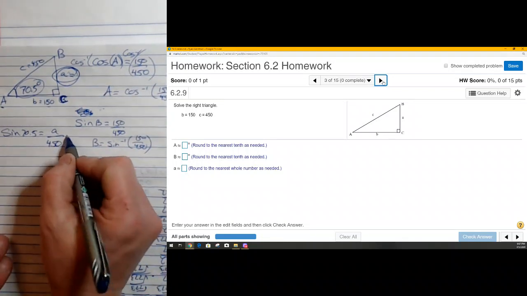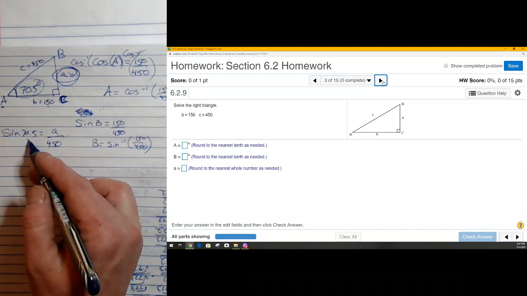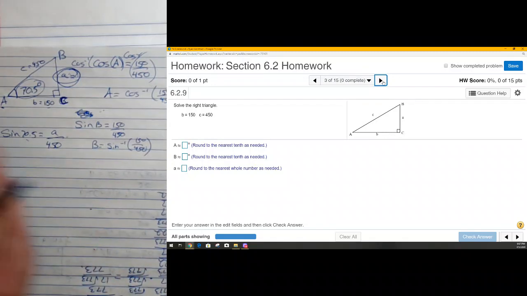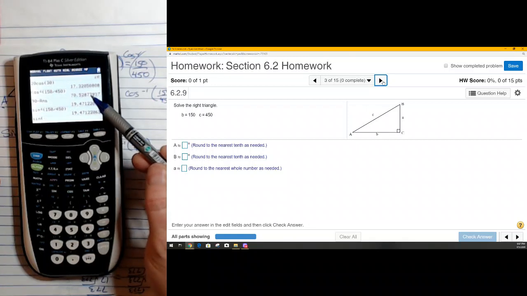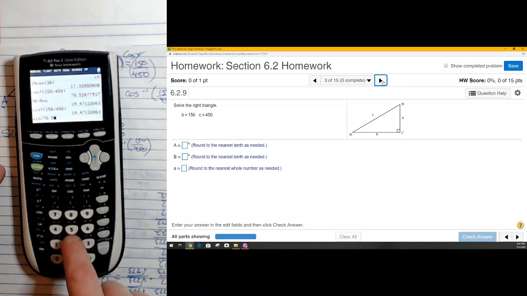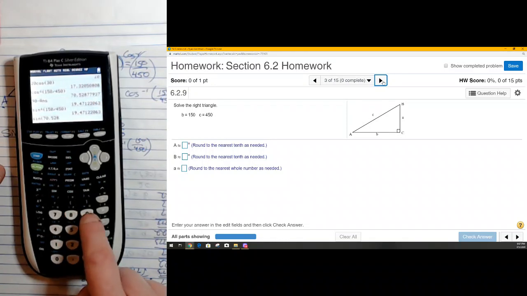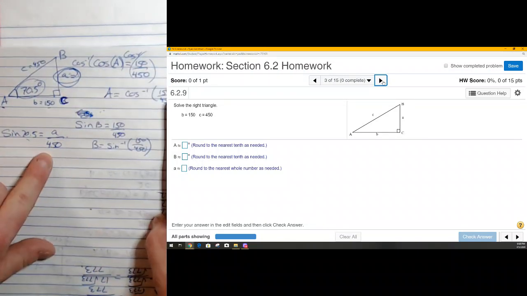So now I'm going to multiply both sides by 450. I'm going to do the sine, and actually instead of 70.5 here, I had a little bit better answer of 70.52877. I'm going to type that whole thing in, and then I'm going to multiply that by 450.